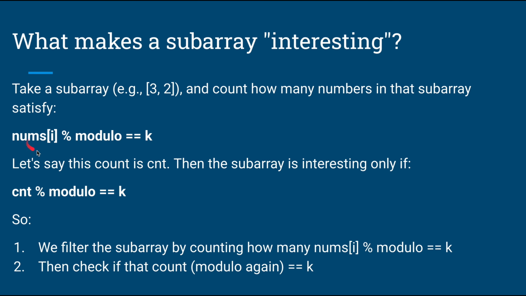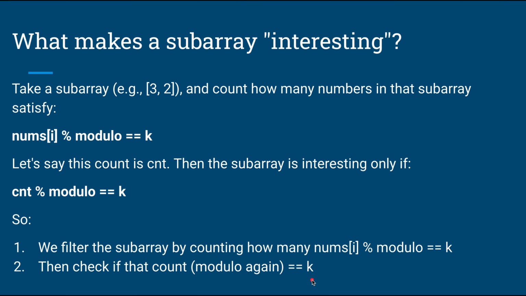So you take the subarray and check nums at i modulo m equal to k. We count these, but the subarray is interesting only if it also satisfies the other condition: count modulo m equal to k. So we filter the subarray by counting how many nums satisfy nums at i modulo m equal to k, then check that the count modulo m is again equal to k.